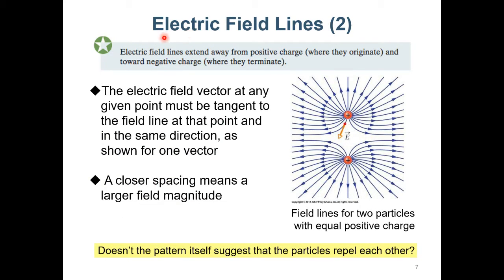So let's continue on the E field line. The E field line always extends away from the positive charge and goes to the negative charge.